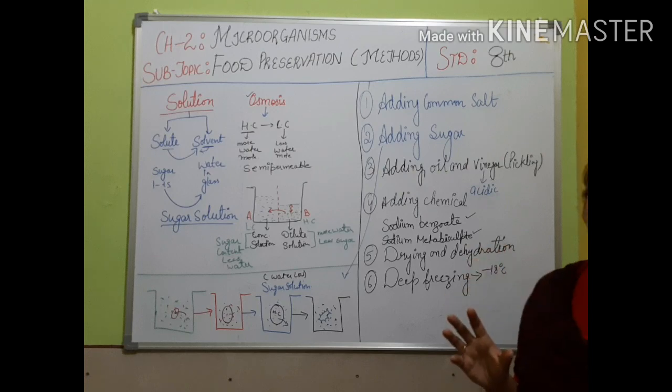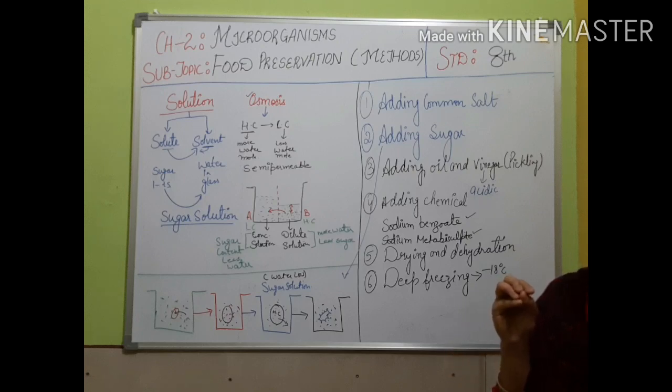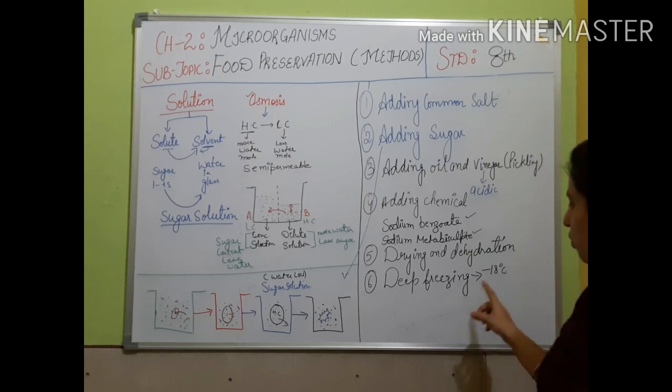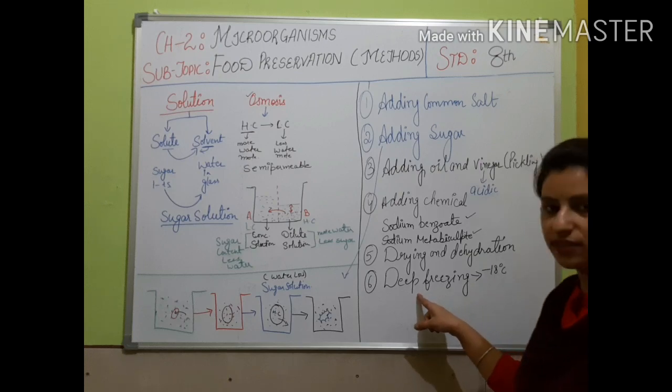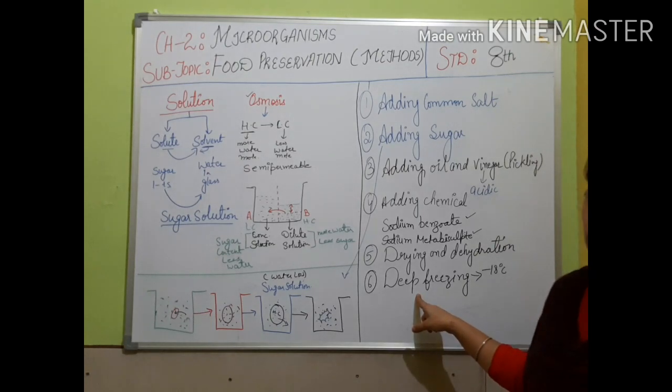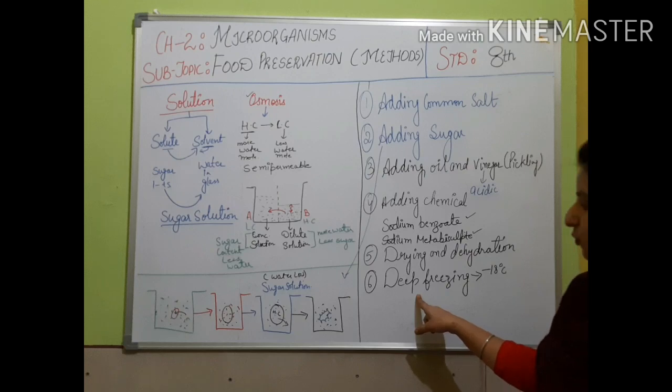The bacteria which can spoil the food are killed, and the enzymes which that bacteria would secrete to grow in that medium are also killed with the help of deep freezing. It will inhibit the growth of that bacteria and will not lead to spoiling our food.